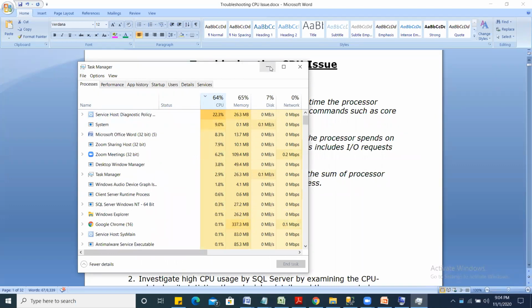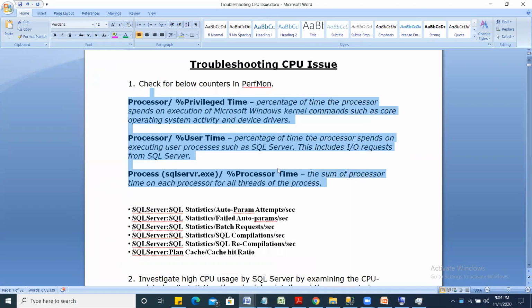Here I can see the Service Host Diagnostic Policy is utilizing a lot of processor right now. Now I will show you how I can determine that.